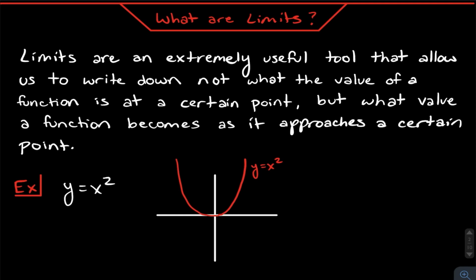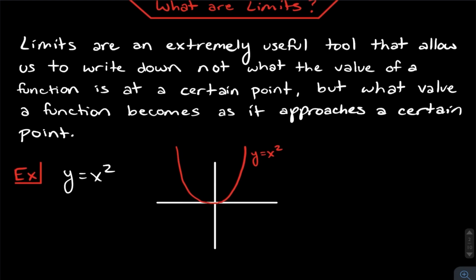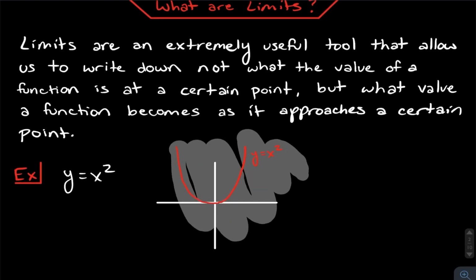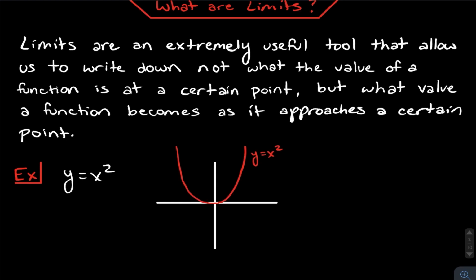Let's say that we have the graph y equals x squared. I have it graphed here. Usually with a function, we'll say, what happens when we have an x of 2? What's our y value? With limits, we say something different. So let's talk about infinity. We'll say that as x approaches infinity, as we go this way, what happens to y?